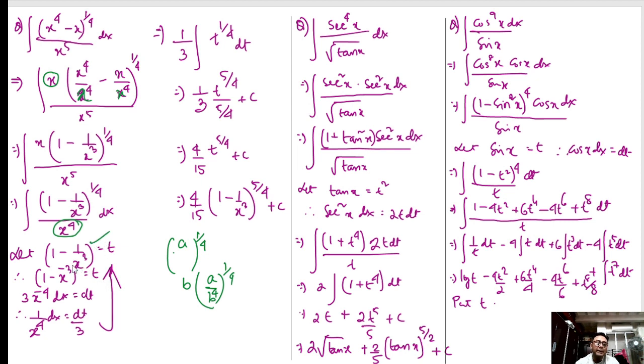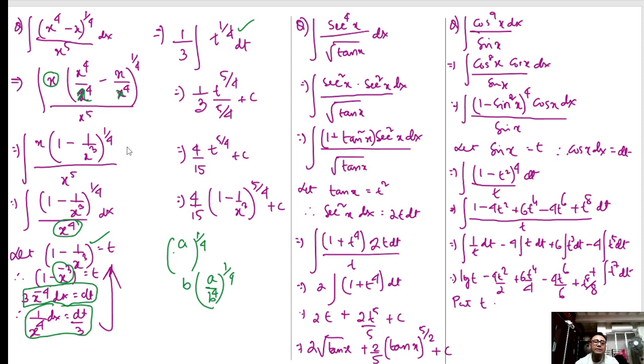So this is x to the power minus 3, and differentiating this part, it will become plus 3 x to the power minus 4 dx is dt, which is 1 by x to the power 4 dx is dt by 3. So this becomes like this.